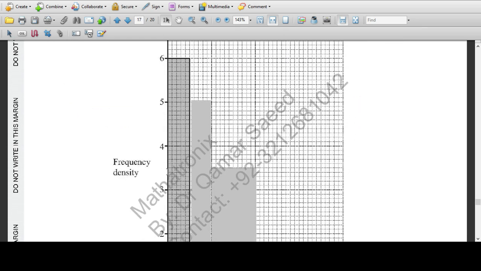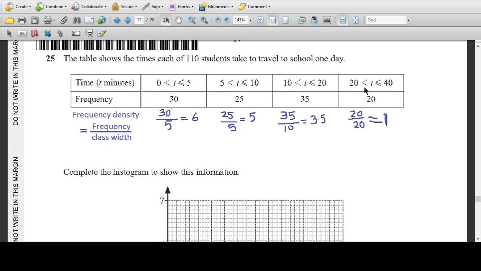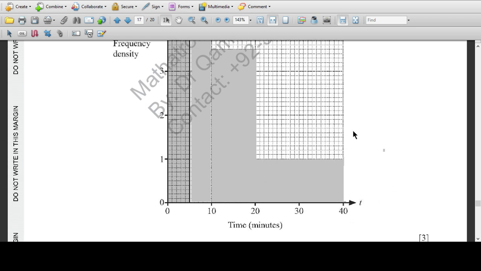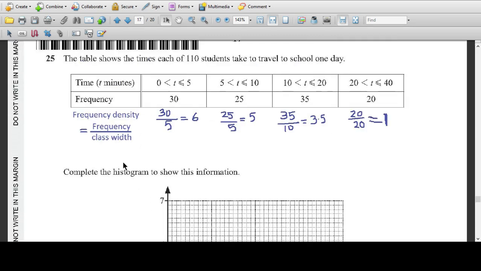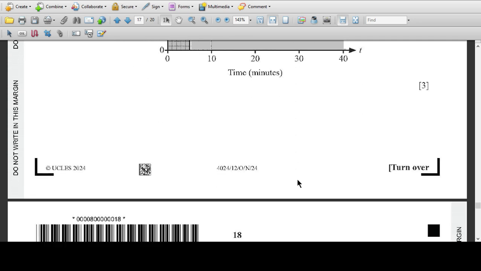And after that, from 20 to 40, the frequency density is 1. So this histogram is prepared here. Complete the histogram to show this information. So we have shown all this information here.